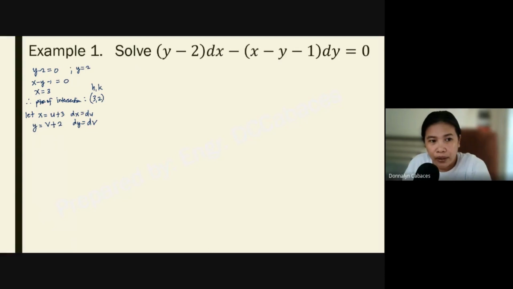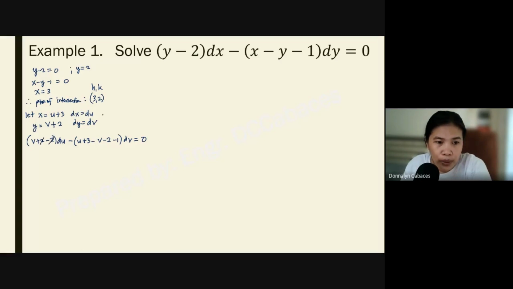Then after that, let us substitute this to our given differential equation. So y is v + 2 - 2. Our dx is du, minus, our x is u + 3, our y is v + 2, so minus v minus 2, then minus 1, and our dy is dv, equal to 0.